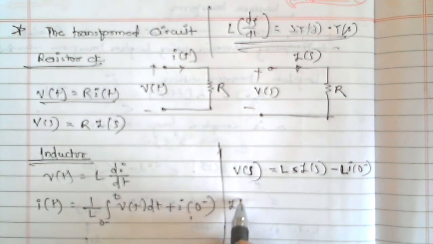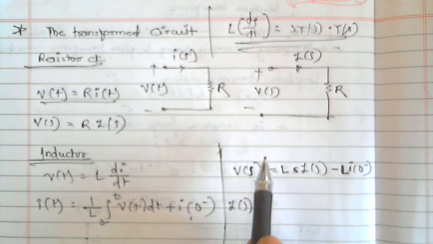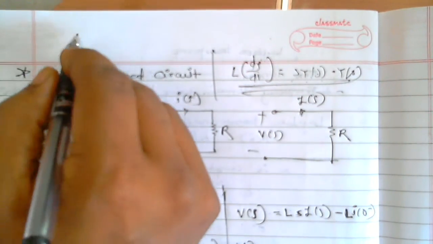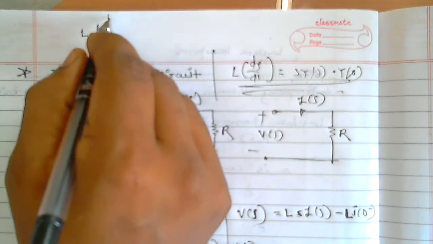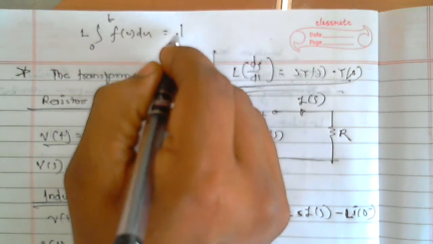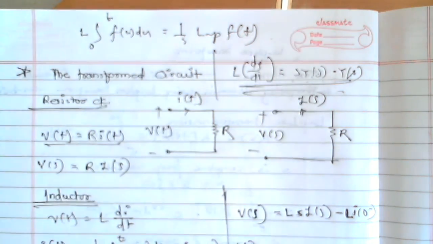Now for current, I of s equal to, here also try to understand the Laplace transform of integral from 0 to t of f of u du. It is given as 1 upon s times the Laplace transform of f of t. Are you getting it?